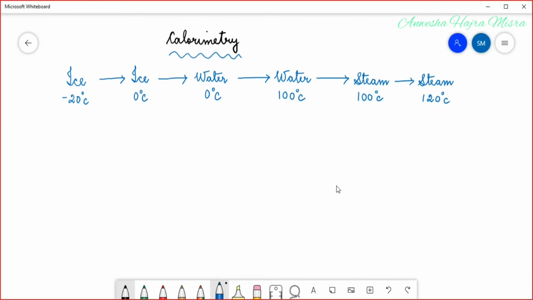Now the first part of the chapter deals with where there is a change in temperature. When ice changes from minus 20 to 0, here there is a change in temperature.